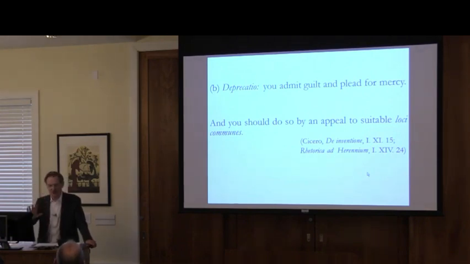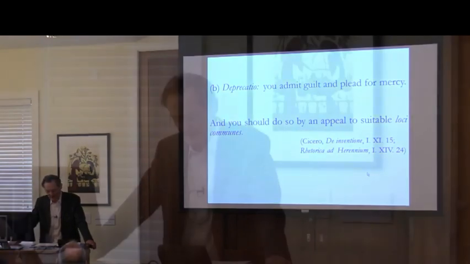Don't mess around. You've got to enter that plea straight away. That's the best you can do. For example, that's what Isabella does in Act 2 of Measure for Measure when she appears before Angelo to plead on behalf of her brother Claudio.